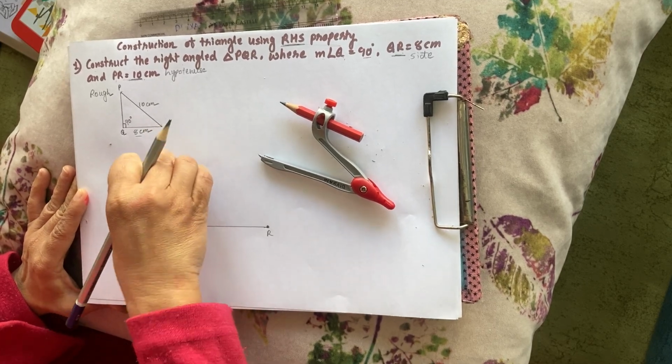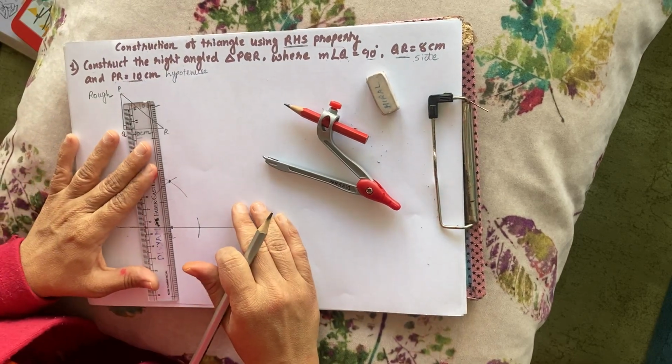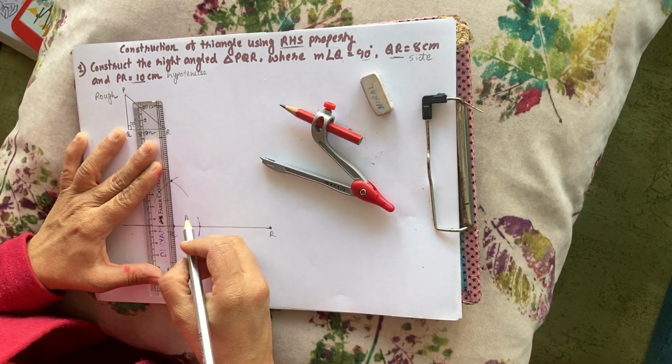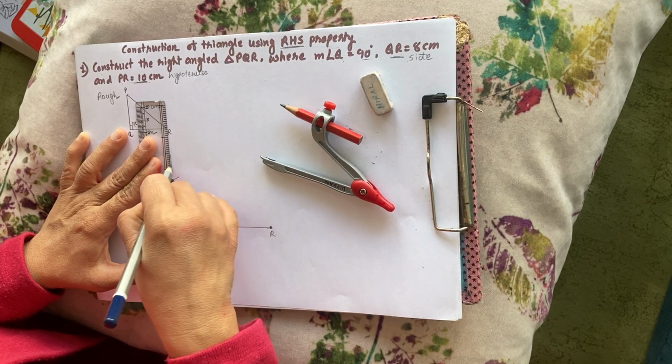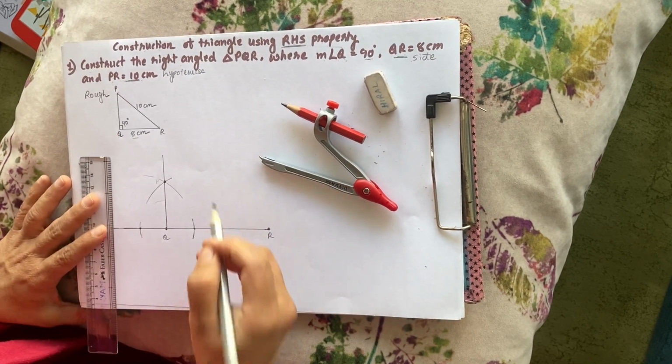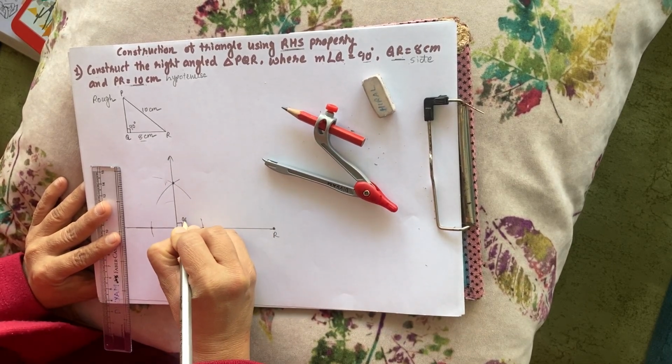Don't say it is P, it is just a point. Now I will join these two points and this angle becomes a 90-degree angle.